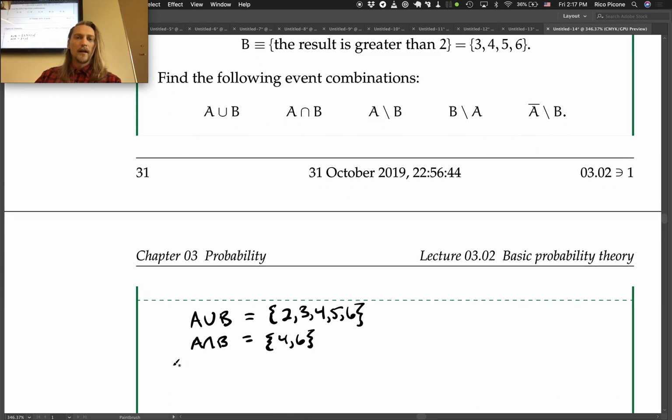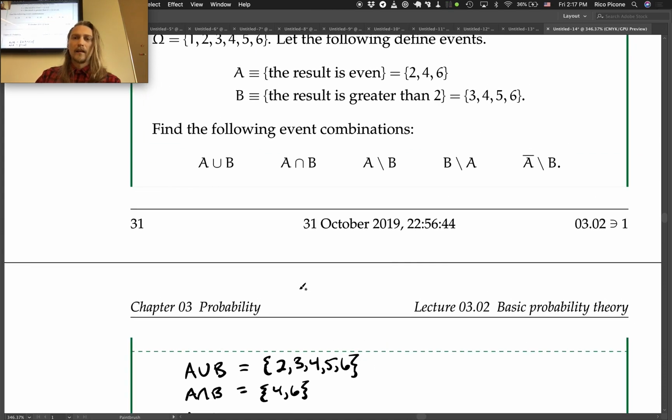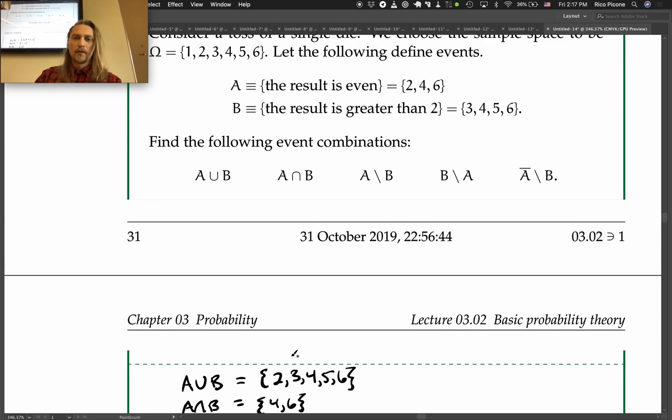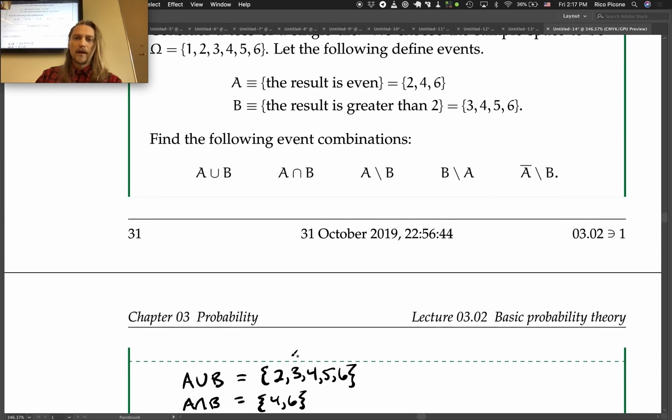We have A minus B: 2. B minus A: 3 and 5.